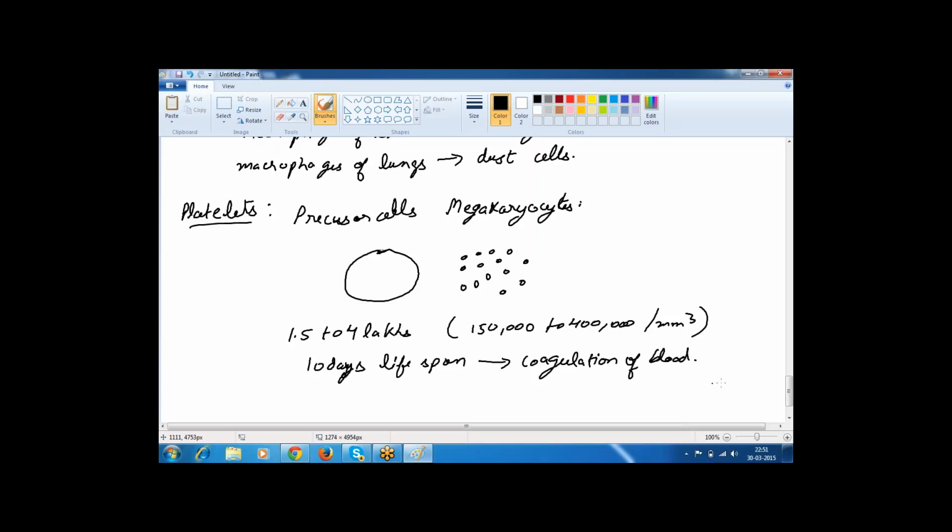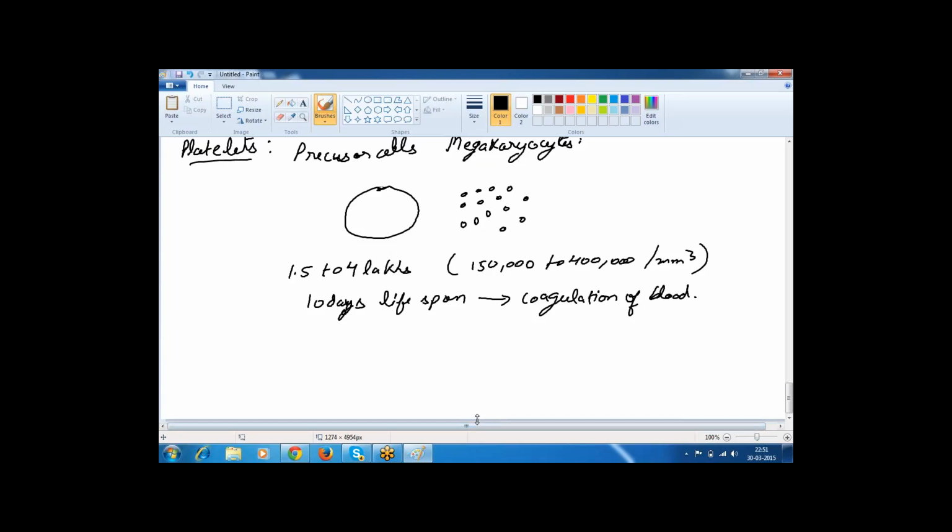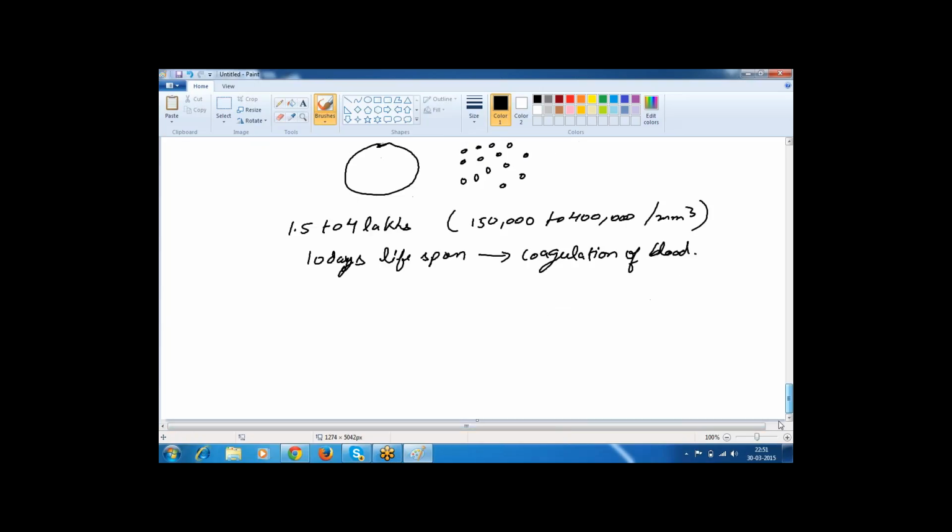Then we've got plasma. Plasma is just the fluid, but it contains a lot of things. Dissolved in it, all the sodium, potassium, chloride, glucose, amino acids, vitamins, whatever we eat that is transported by blood, that is all dissolved in plasma. Major thing we have in plasma is plasma proteins.